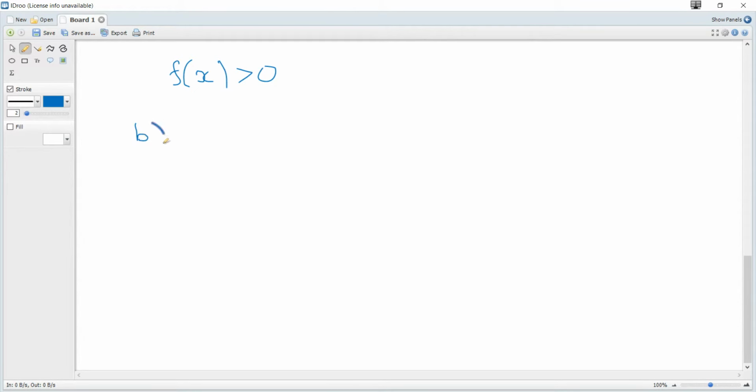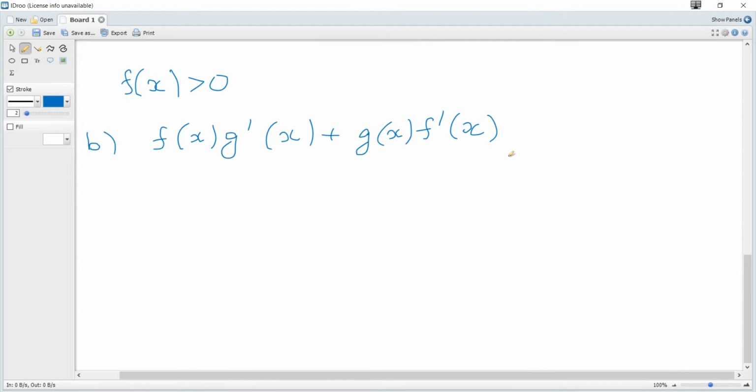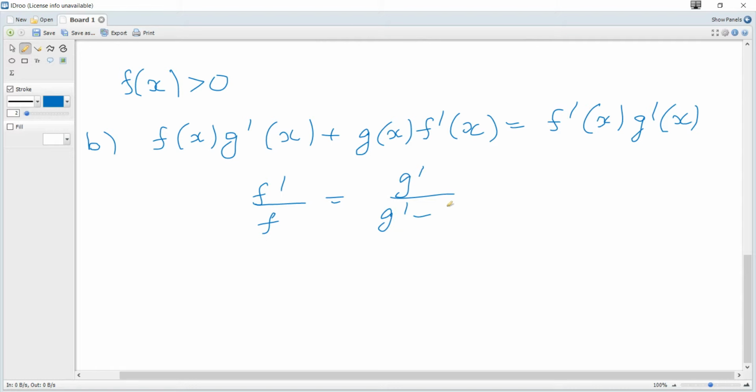B, by rearranging the equation f g' plus g f' equal to f' multiplied by g', show that we should get f'/f is g' over g' minus g.